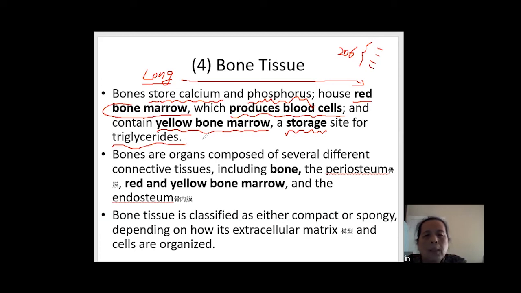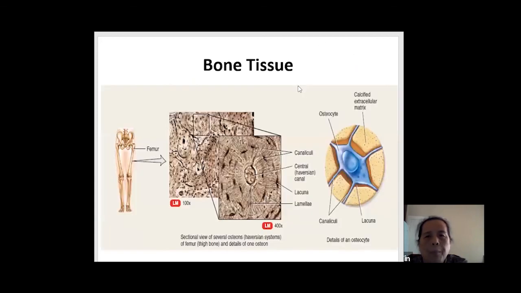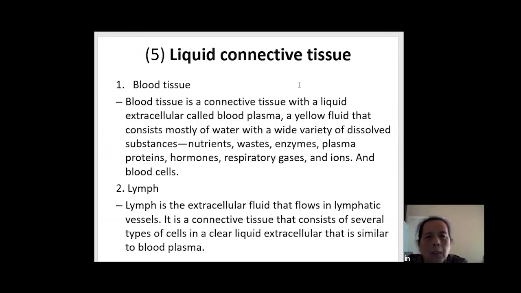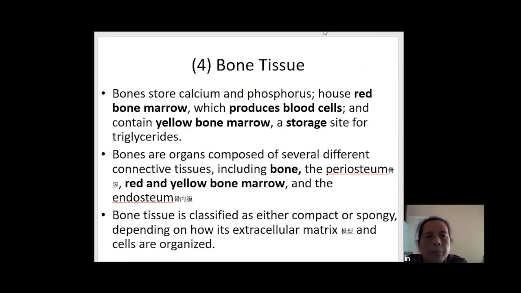So bone tissue is still separated into different forms. We separate it into compact and spongy.